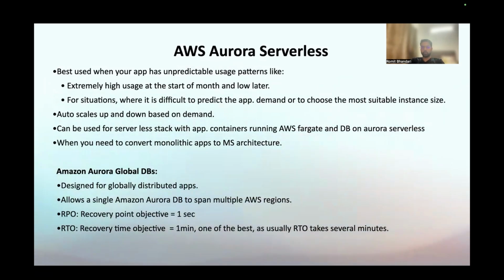Okay, so if the AWS serverless stack is there, like ECS running on Fargate, then definitely Aurora serverless is a good addition in terms of the DB side of things. And let's say there's a use case of converting monolithic apps to microservices architecture, then definitely serverless is something you can look at, Aurora serverless.